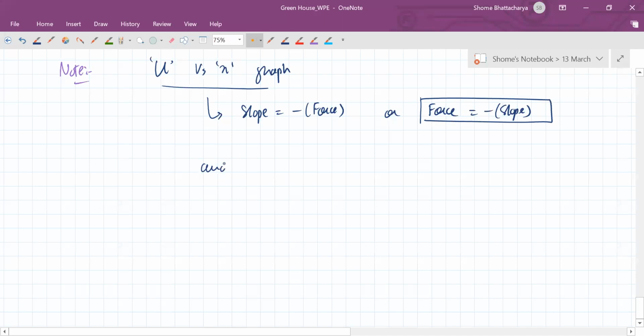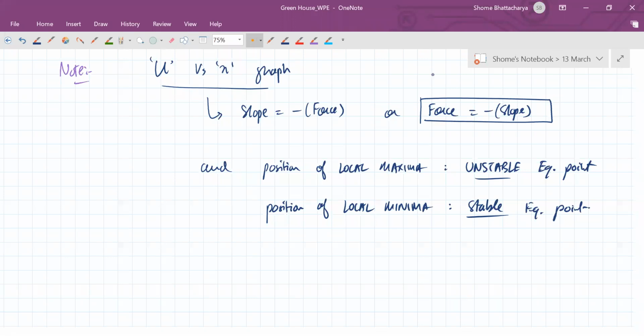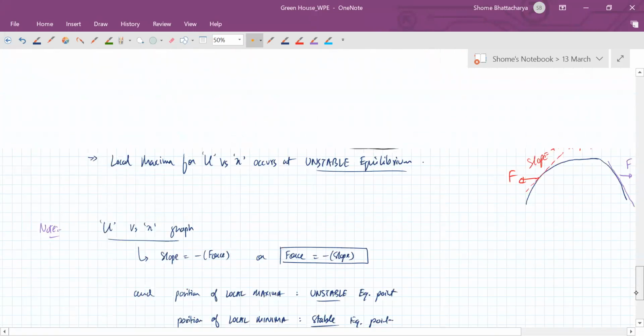Okay, and position of local maxima is an unstable equilibrium, and position of local minima is a stable equilibrium. So this is what we have to finally keep in mind. Okay, I'll take you through that section above also once more.